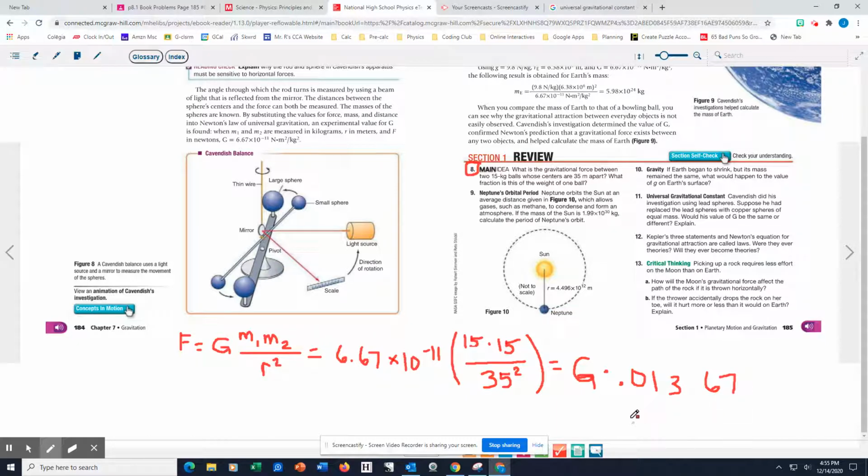Okay, so that's going to be 1.367 times 10 to the negative 2. So we're multiplying powers of 10, 10 to the negative 11th times 10 to the negative 2. So that's going to be 10 to the negative 13.